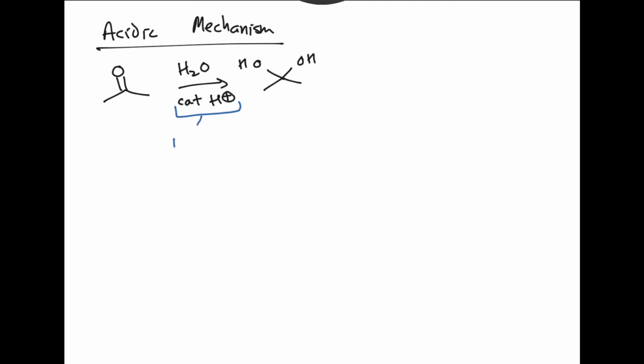So sometimes you might see this as tosic acid, TsOH, PPTS, or occasionally sulfuric acid. These are the biggies that are going to get used the most. But it's either going to be the generic catalytic H plus, or it'll have one of these acids as the catalyst.